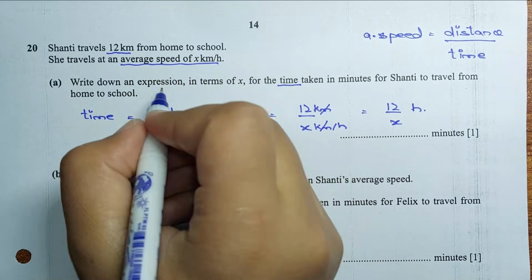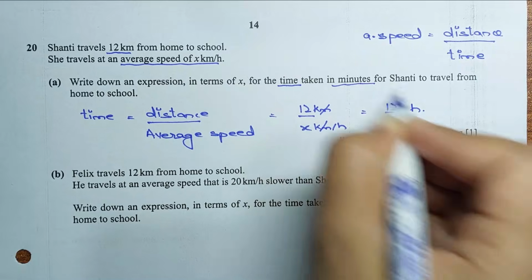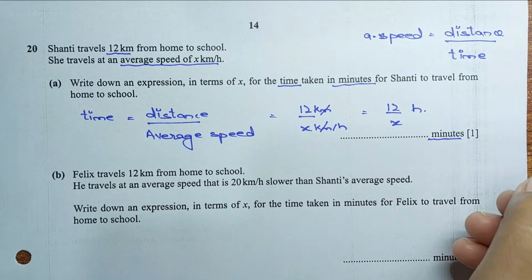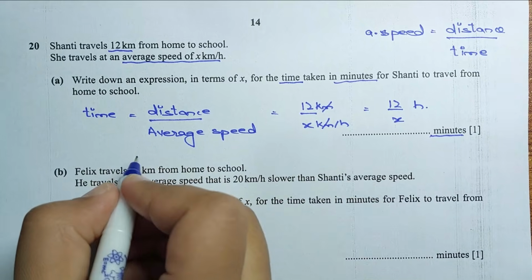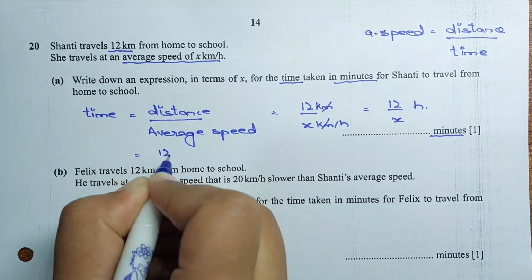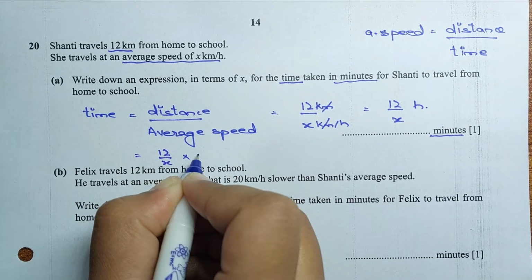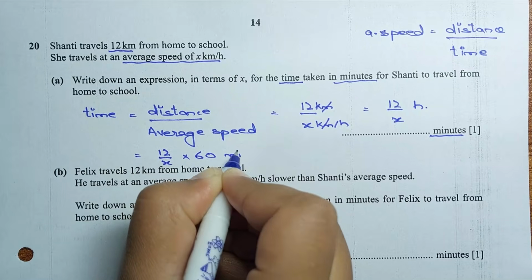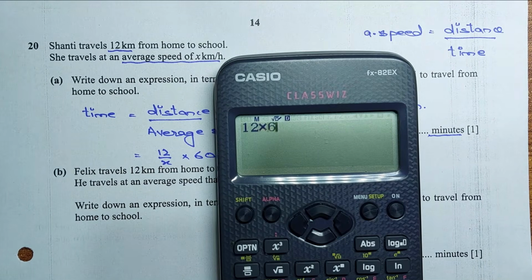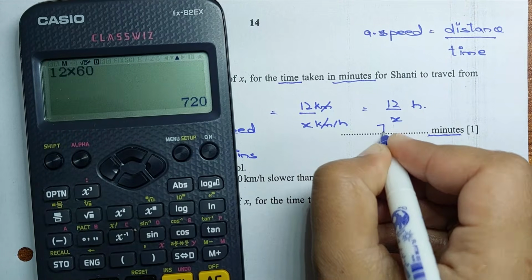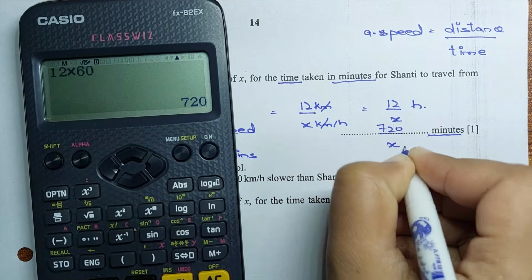But the answer should be in terms of minutes, not in terms of hours. So to convert hours into minutes, we multiply 12 over x by 60. So 12 times 60 is 720 over x minutes, right?